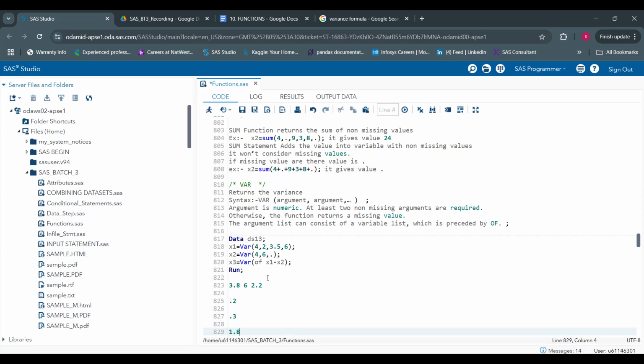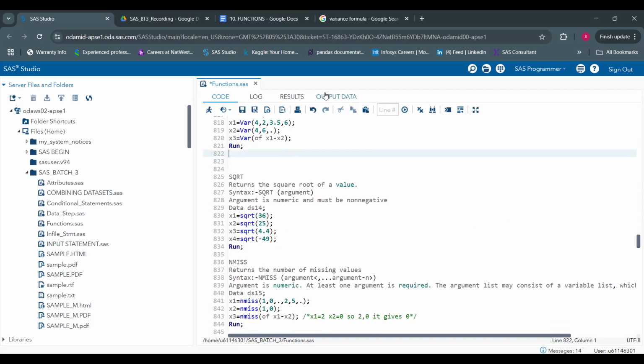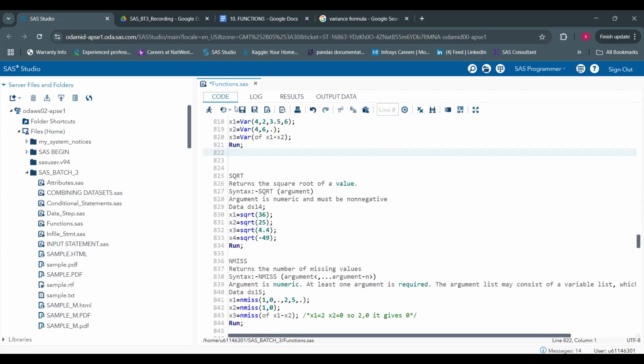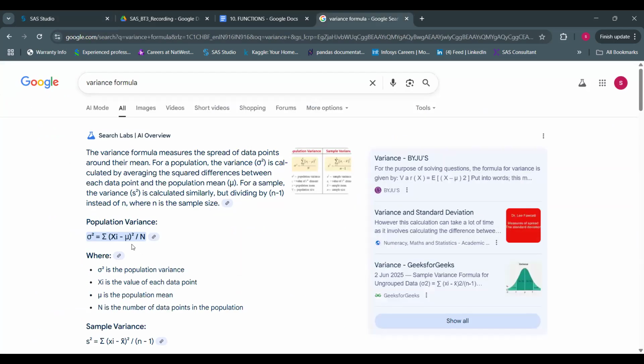All these values we see through the entire plane, and we look for a possible variance number, which is 2.72.